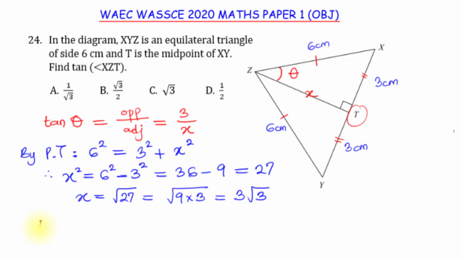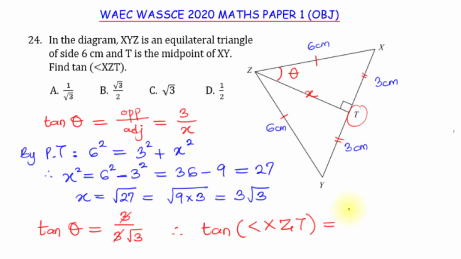Then we can say the tan theta, which is the tangent of the angle XZT that we are asked to find, is going to be 3 over x. Now we can say that x is 3 root 3. Okay. Now if we are to do this, we cancel this 3, such that the tan of the angle we are asked to find, of angle XZT, is equal to 1 over root 3.